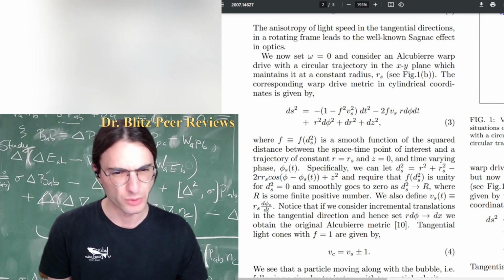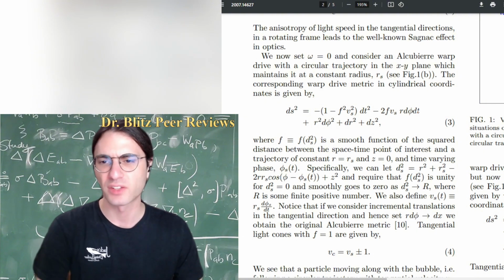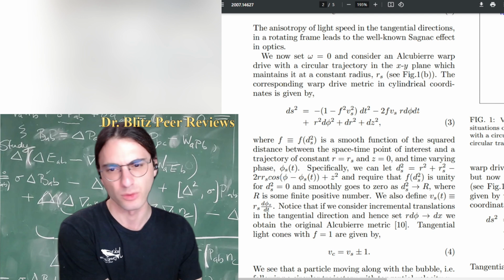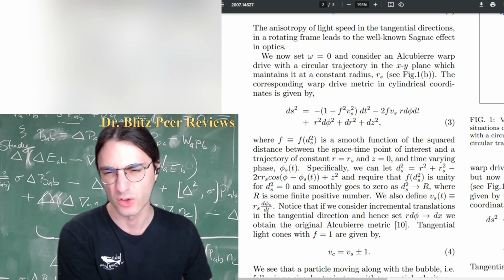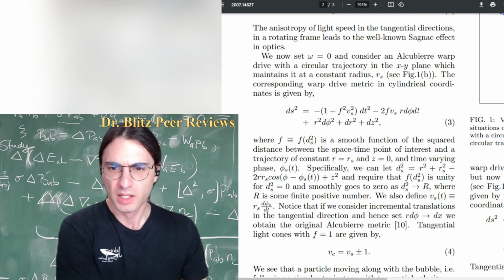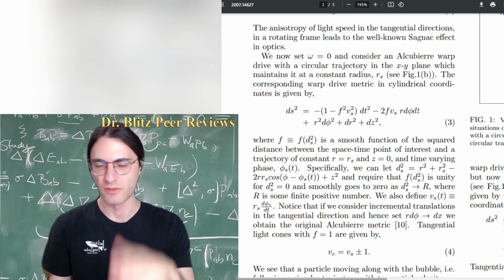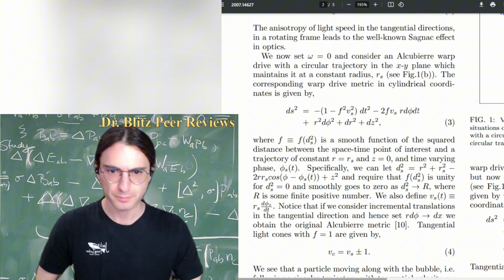I don't know why they're choosing this. They're subtracting off a cross term, which involves the phase and the radius as well. Hopefully they'll explain where this comes from. And then they add z squared as well. That's just the vertical distance from the origin, which is fine.